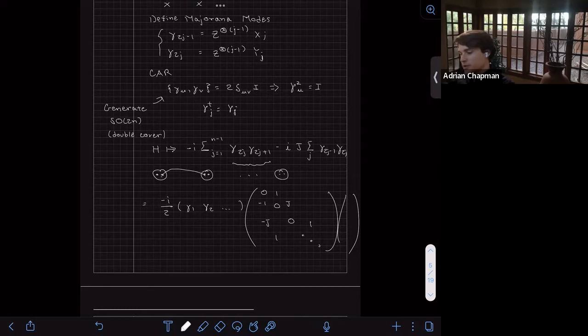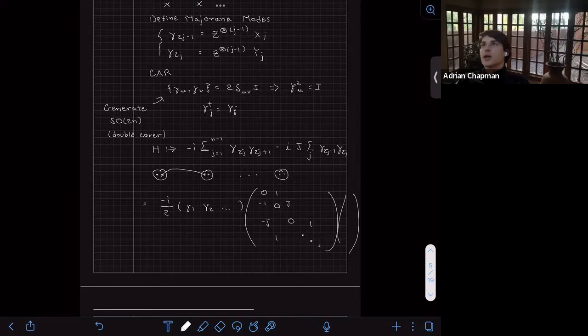And so you'll notice that we have an alternating pattern of 1 and J. The one term is the inter-spin coupling term, and then the J is within the same spin, the transverse field coupling. And we have a factor of a half because the off-diagonal parts double count the same term, so you have to add a factor of a half to account for that.